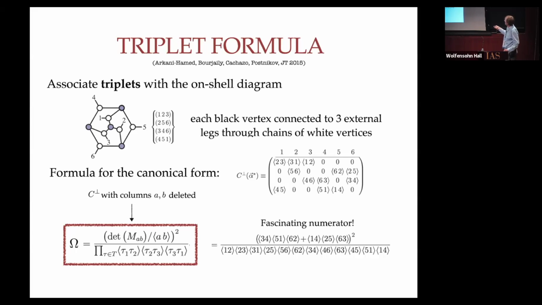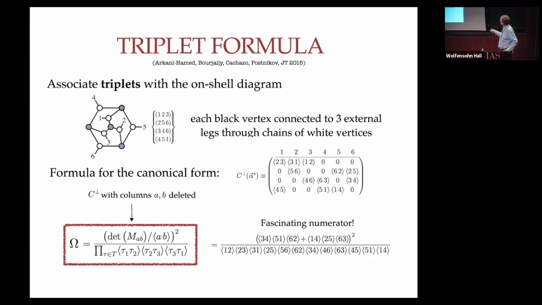And using these triplets, you can calculate directly the form. You take this matrix, there is a certain procedure, you delete 2 of the rows, and then you take a determinant of this matrix and you divide by a 2 by 2 minor, which corresponds to the columns that you deleted here. And you divide it by the product of 2 by 2 minors corresponding to these triplets. So there is a very simple formula that you can use for any graph.